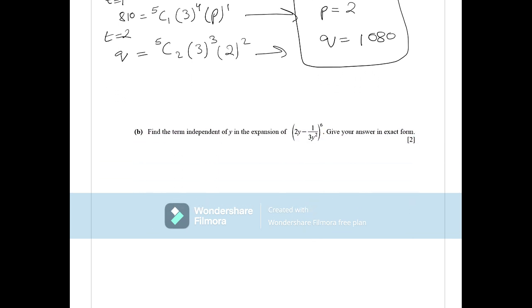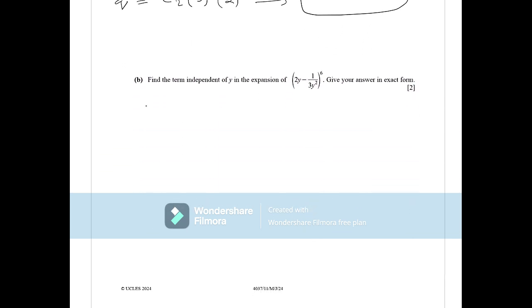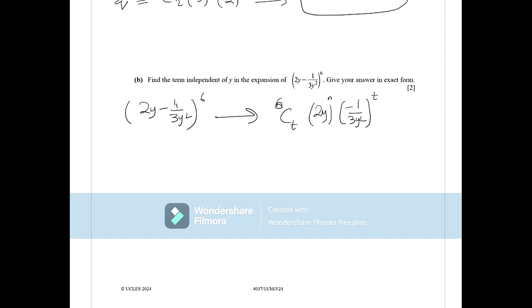Find the term independent of y in the expansion of this: 2y minus 1 over 3y squared, whole to the 6. The rth term would be given by 6Cr times 2y times minus 1 over 3y squared to the r, and then n minus r. I need to choose an r in a way that overall all the y cancels out.